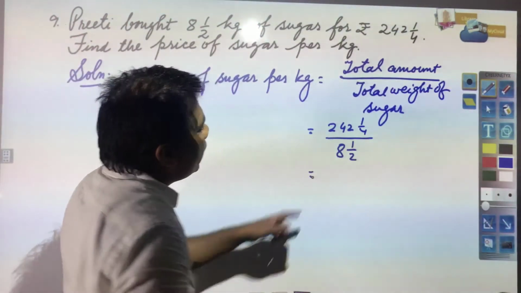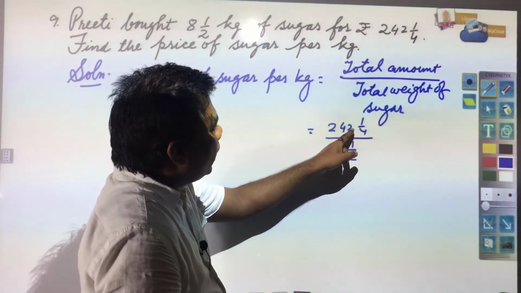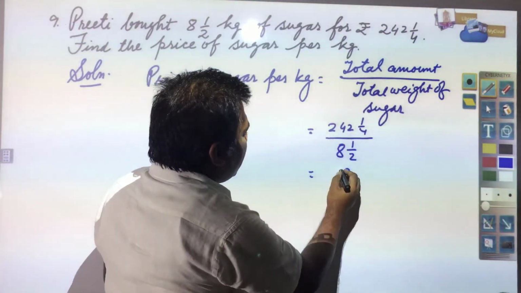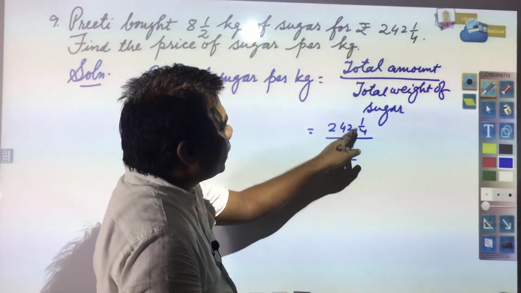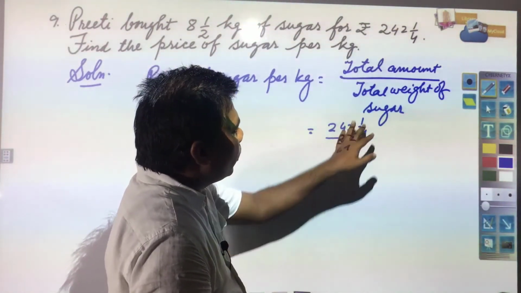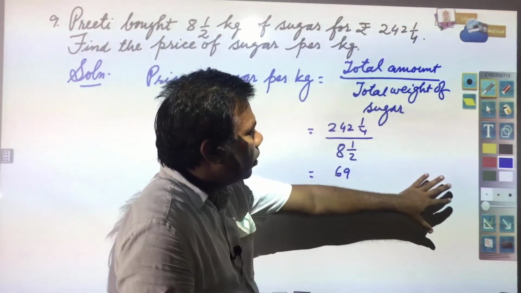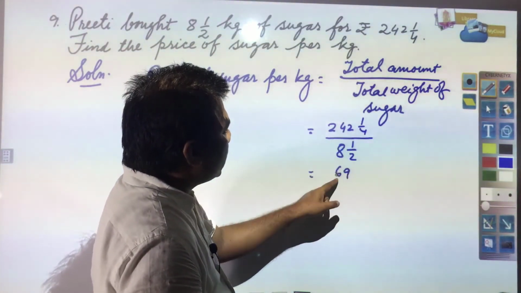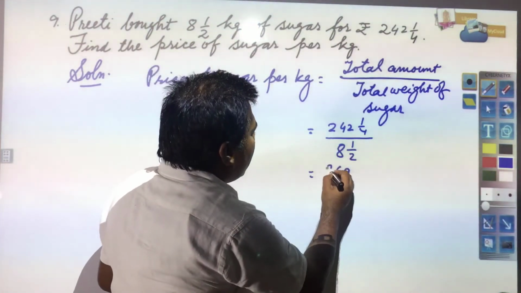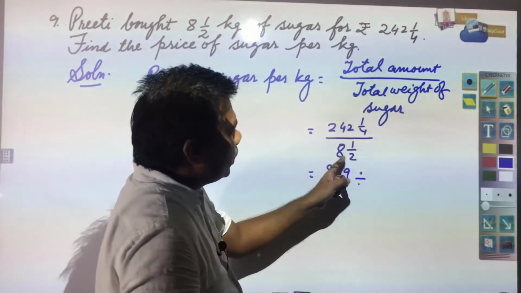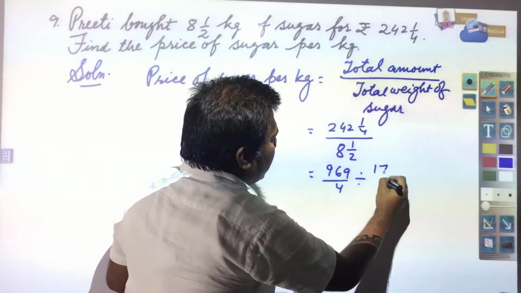Now, here you see this, you multiply 4 twos are 8 and 1 is 9, 4 fours are 16. Just you need to multiply this number with 4 and add 1. So, directly I am doing, you need to do it in rough. 4 twos are 8 and 1, 9 I have written, 4 fours are 16, 4 twos are 8 and 1, 9 divided by 8 twos are 16 and 1, 17 by 2.